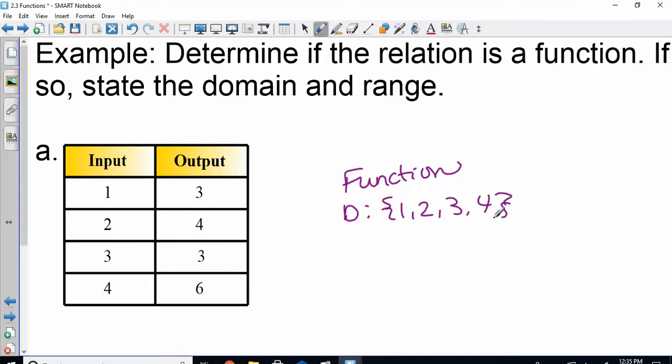Your inputs are your domains. Your range would be, if you have the same output twice, you still only list it once in your range. And if it's a function, it's okay for the y's to repeat, but not the x's.